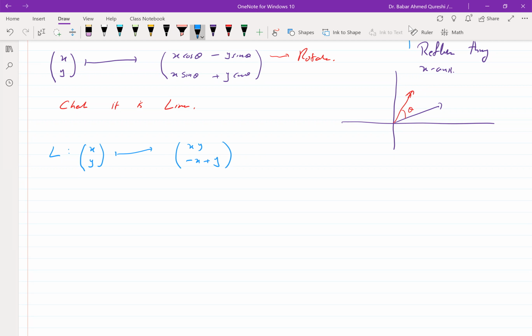Now, as soon as I see some kind of a product between these components, or a squaring, any product of these components, I should be ready to conclude that it's not going to be linear. So we can check if I take two of them, add, I know it should split, but let's see if it does or not.